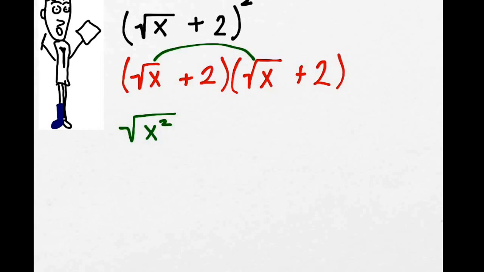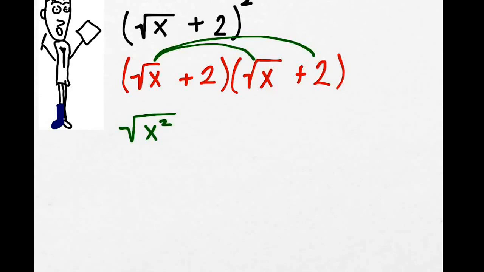My next multiplication, my next part of the FOIL, remember, is now to take this root x and multiply it with this 2. Root x multiplying with 2. Because this x is underneath the radical and the 2 on the end is outside, I cannot multiply those two things together. So, therefore, when I do this multiplication of root x times the positive 2, that 2 stays outside.